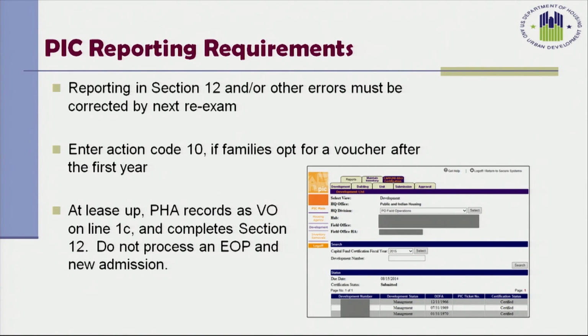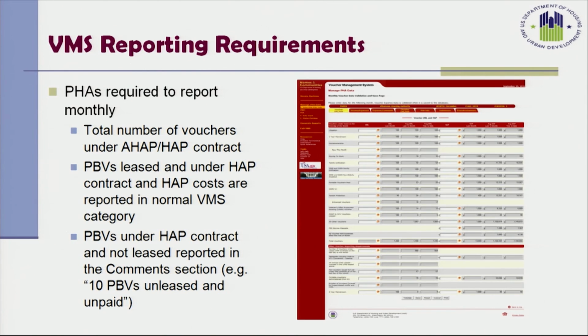Enter Action 10 if families opt for a voucher after the first year. At lease-up, the PHA records as VO on line 1C and completes Section 12. Do not process an end of participation and new admission when the family goes from PBV to tenant-based voucher.